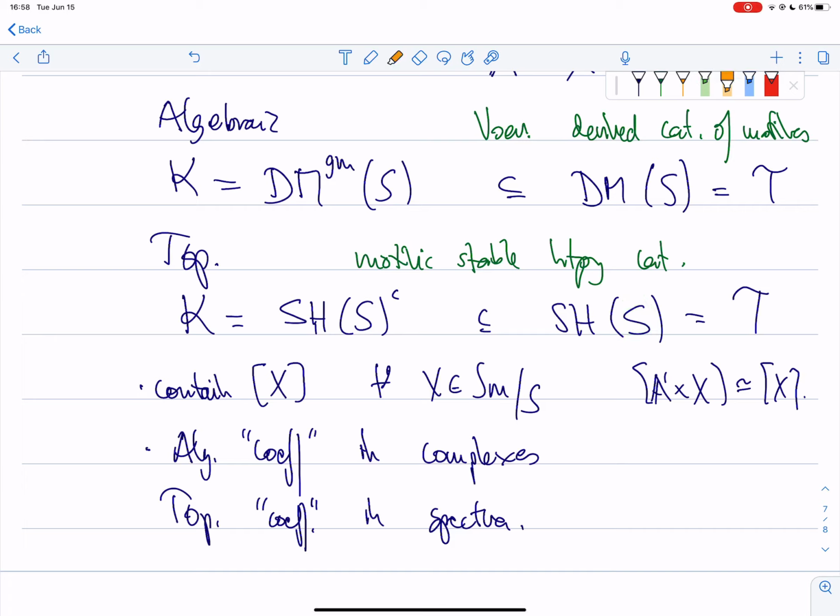For instance, this thing depends on S, but it has the whole SH in it as a constant, as the constant motives. And you need to be careful: you can't hope to understand those categories before having first really understood the non-motivic one, the ones not depending on the base scheme, that is, the coefficients.